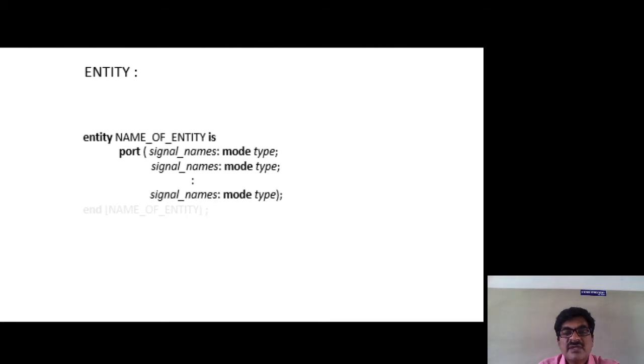Then comes port. The port includes different signals, their mode and their data type. So you can include many ports in the port.